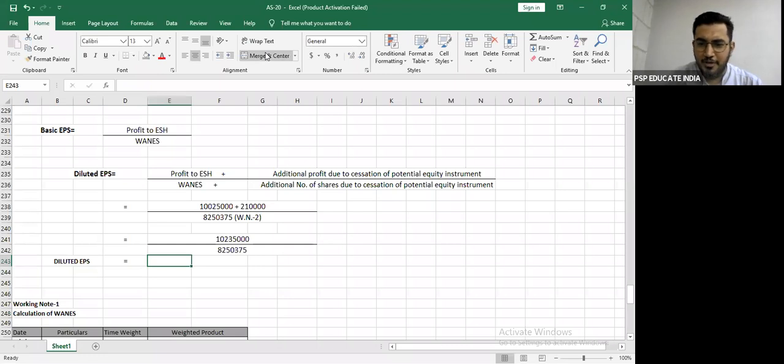Your diluted EPS will be 1.24. Diluted EPS is 1.24.